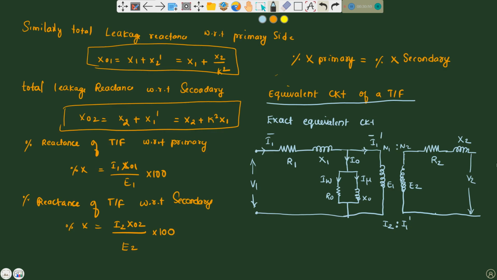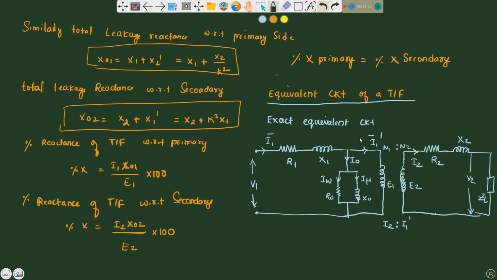Correct. So then there will be a load impedance ZL. There will be a current I2 here. Understood? So this is the exact equivalent circuit of transformer.